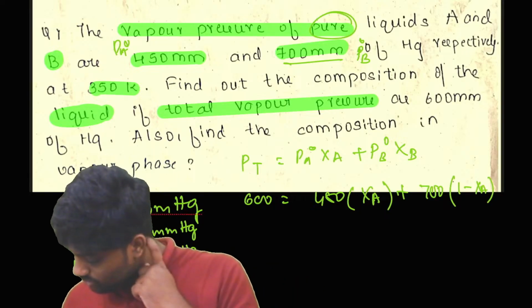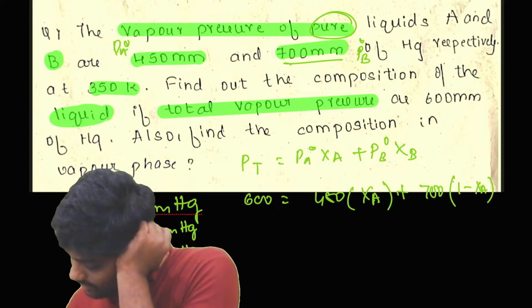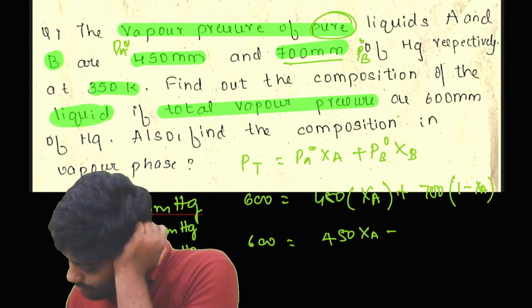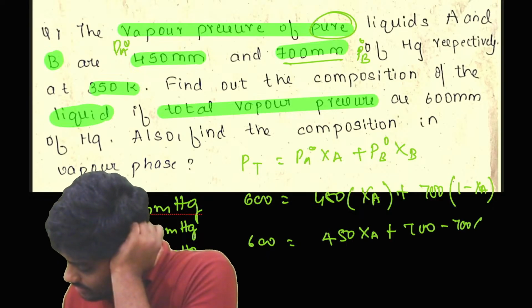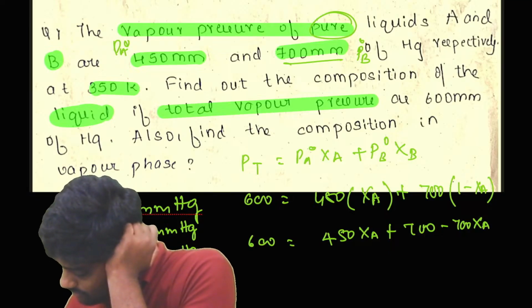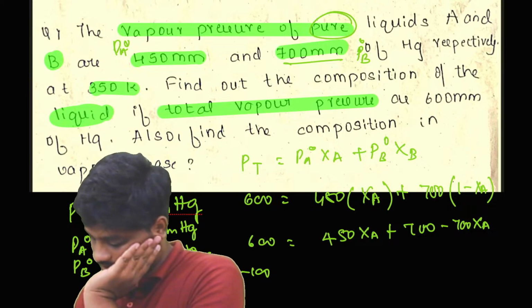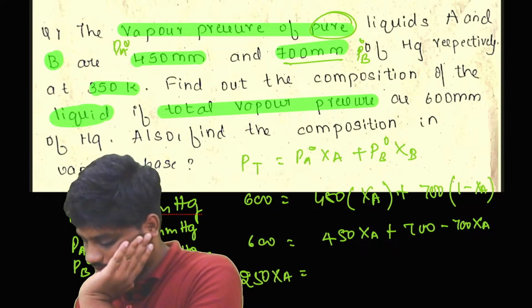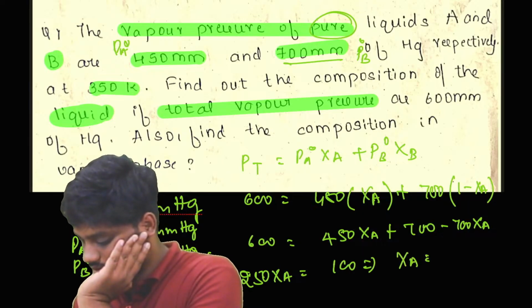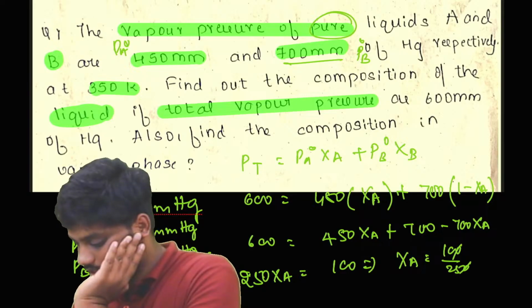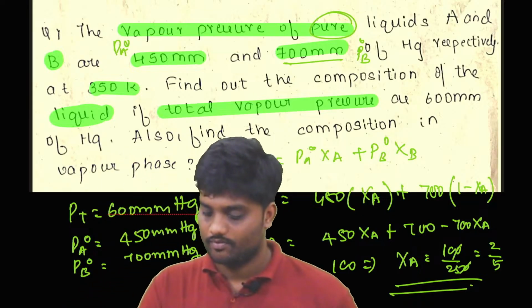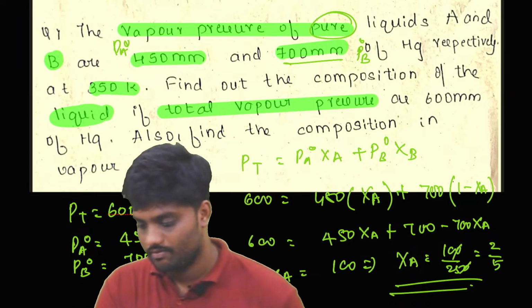When you do this, you will get 600 equal to 450 xA plus 700 minus 700 xA. From here you will get minus 100 equals minus 250 xA, so 250 xA is equal to 100. From here xA comes out to be 100 upon 250, that is 2 by 5. This is the composition.